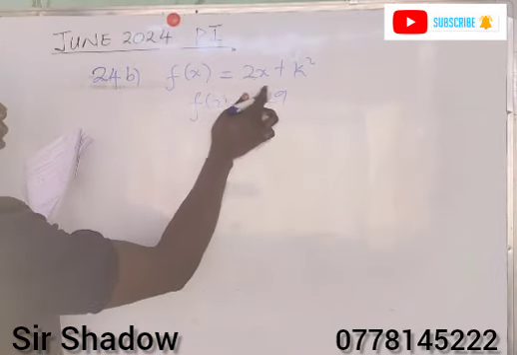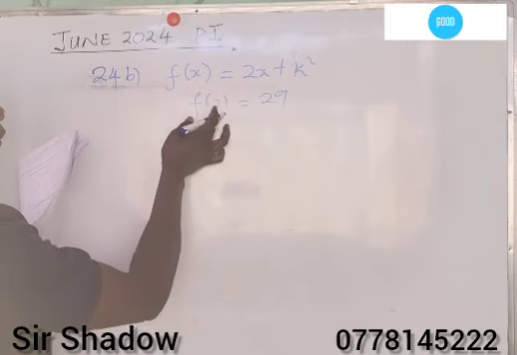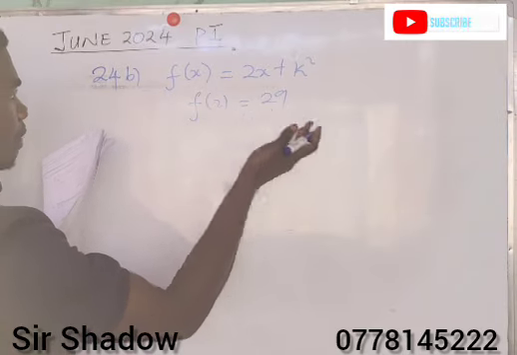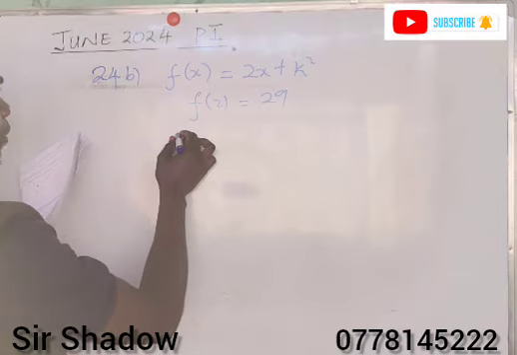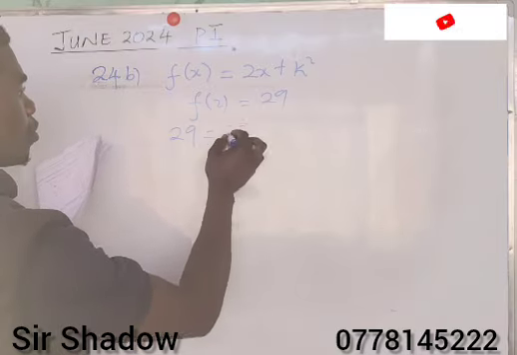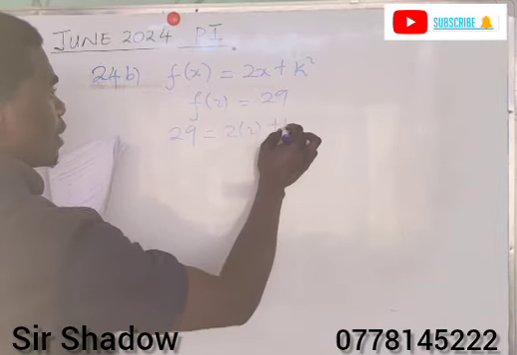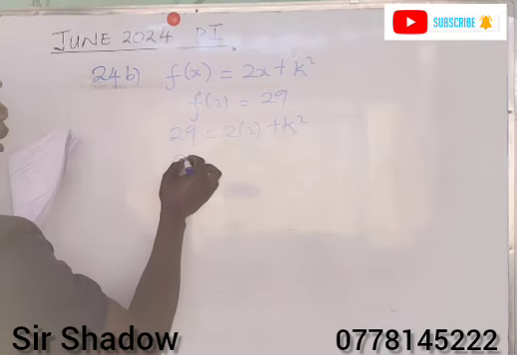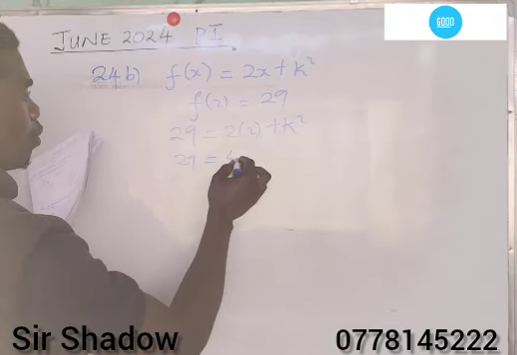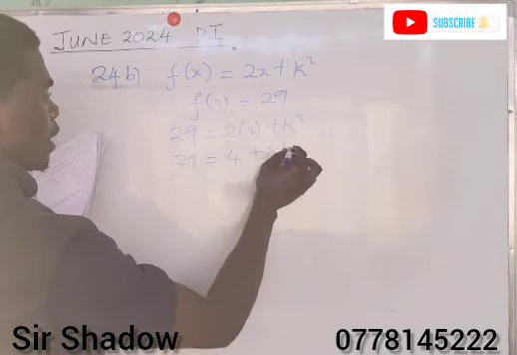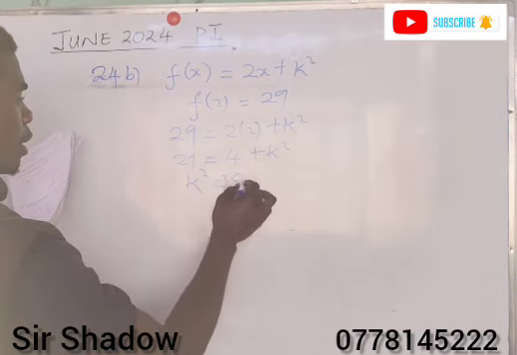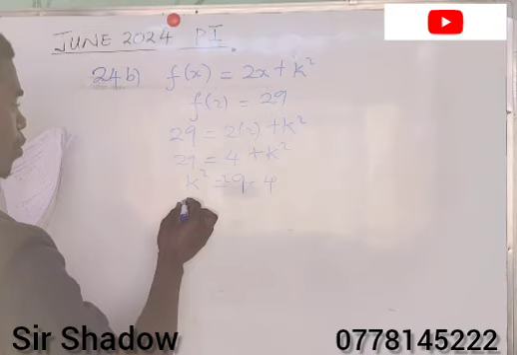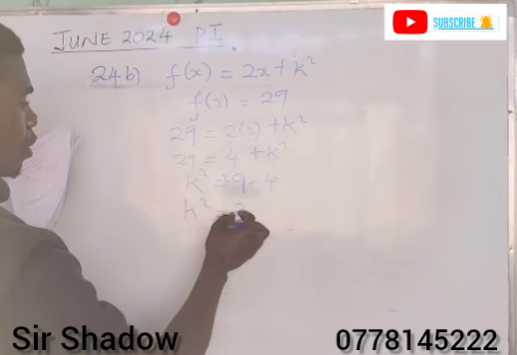Since f(2) equals 29, you have to substitute each x by 2 and equate to 29. So 29 equals 2 multiplied by 2 plus k squared, so 29 equals 4 plus k squared. So k squared equals 29 minus 4, so k squared equals 25.